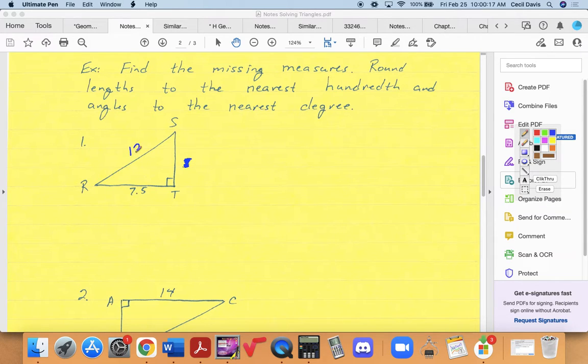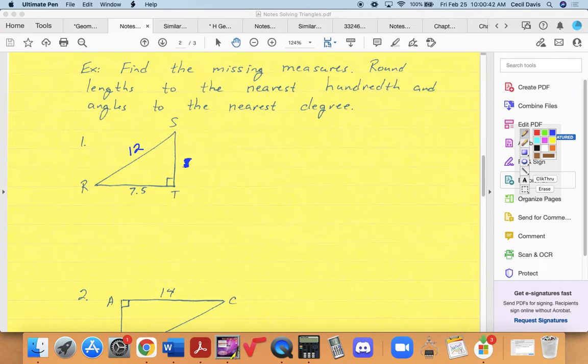I'm going to tell you that this side is 12 instead of telling you that that side is 5. Doesn't change it a lot. It changes a little. Okay, so the instructions say find the missing measures, round lengths to the nearest hundredth and angles to the nearest degree. Again, this is called solving a triangle. You find all the things that are missing.